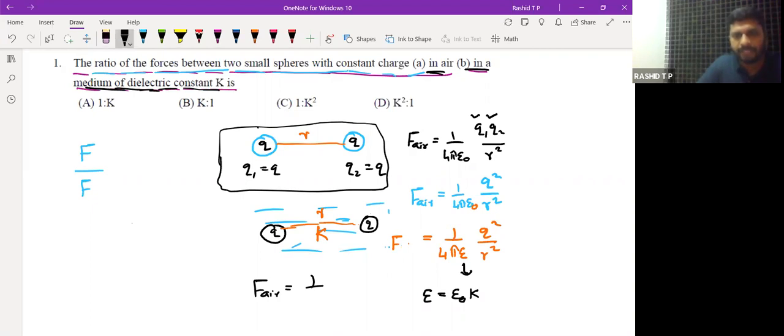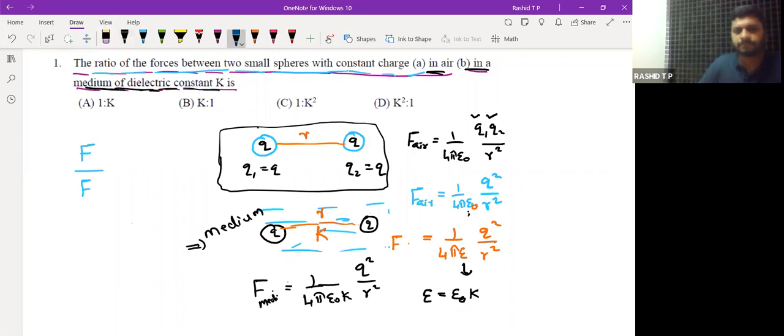Now we kept it in a medium. This is in a medium. Therefore, we have replaced epsilon by epsilon 0 K, and this will be 1 by 4 pi, instead of epsilon we have to write epsilon 0 K, into Q square divided by R square.